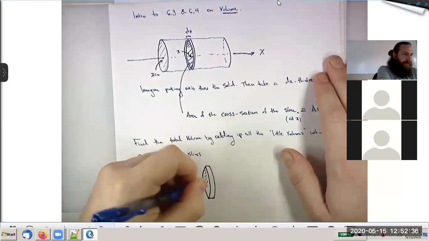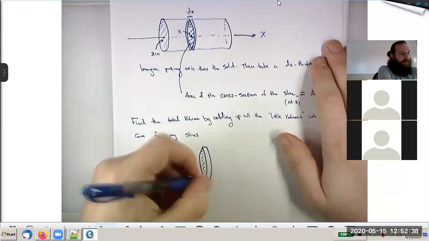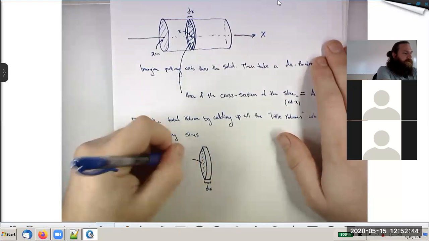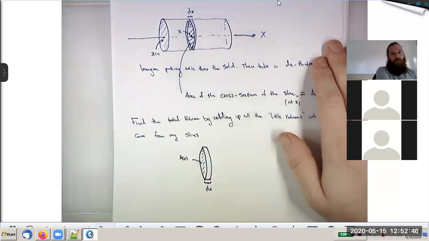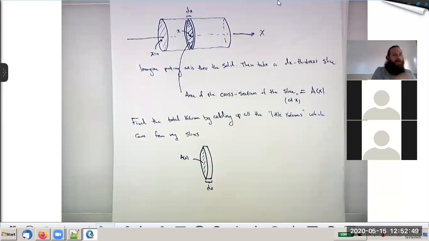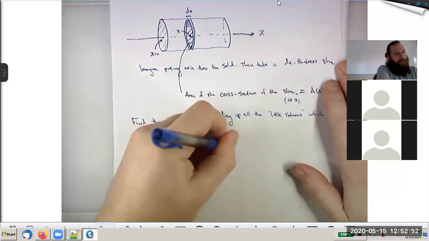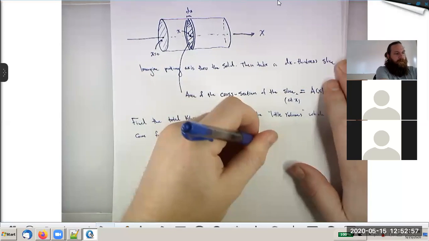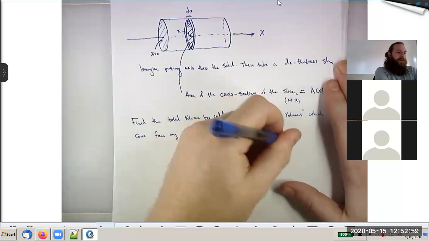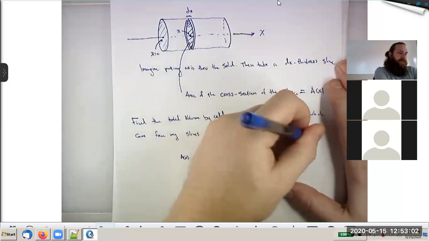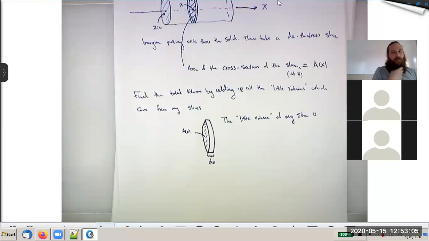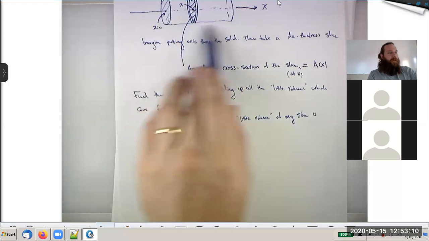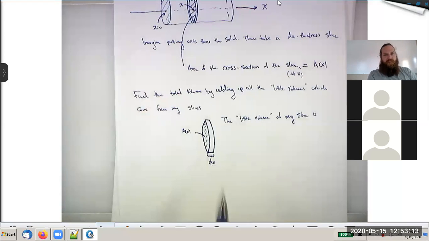Here it is. Here's my little slice. This thickness is still dx, and this area is A of x. Then the little volume of my slice is... the idea is that by taking dx to be so very, very small, I can assume that even if the edges of my original solid aren't perfectly flat, the edges of my slice are flat.